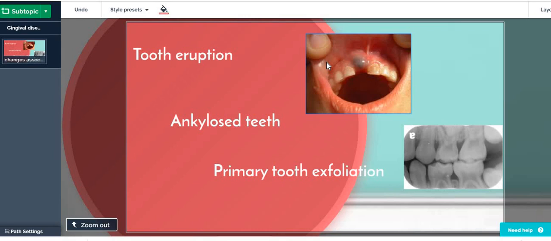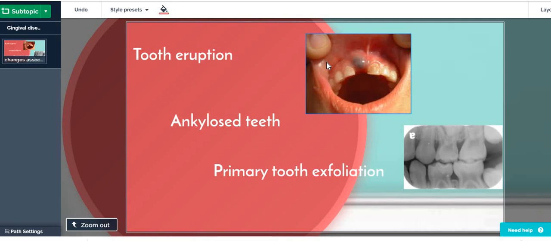As the tooth erupts, the gingival margin and the sulcus develop. At this point, the margin is rounded, edematous, and reddened. During the period of active tooth eruption, it's normal for the marginal gingiva surrounding the partially erupted teeth to appear prominent. This is most evident in the maxillary anterior region.